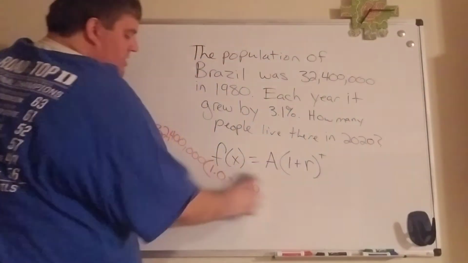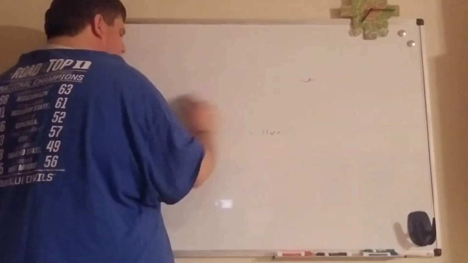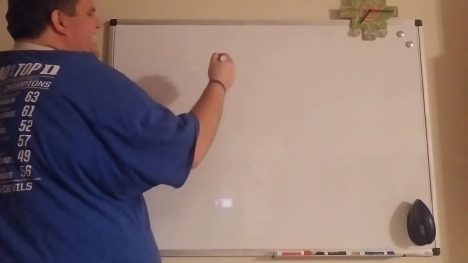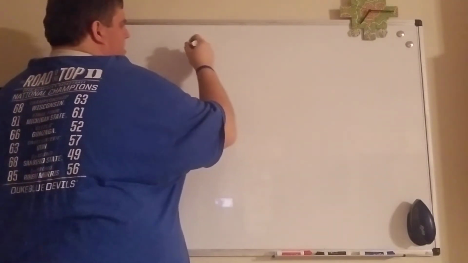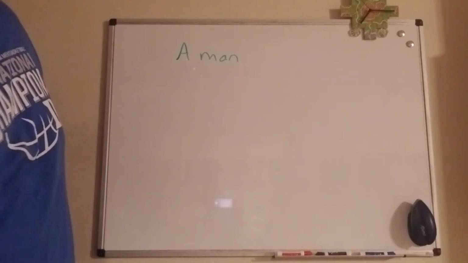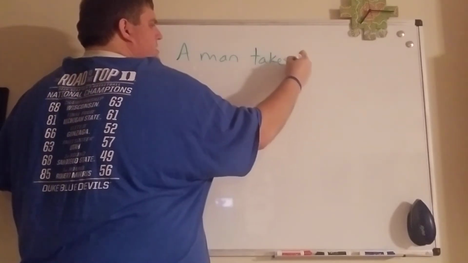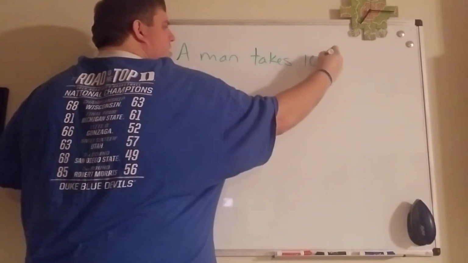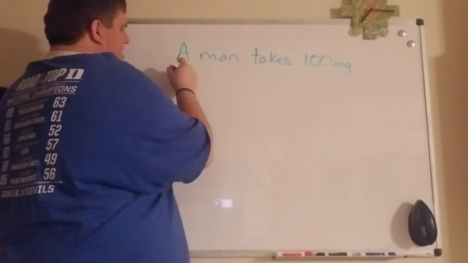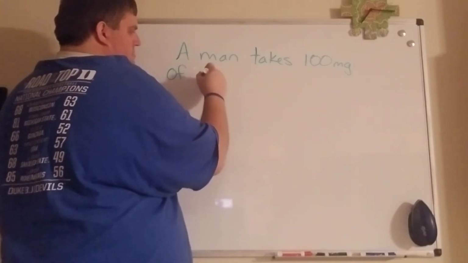Now what about what's going on when we have decay? Because they're going to be really, really similar. So let's say a man takes 100 milligrams of Motrin.